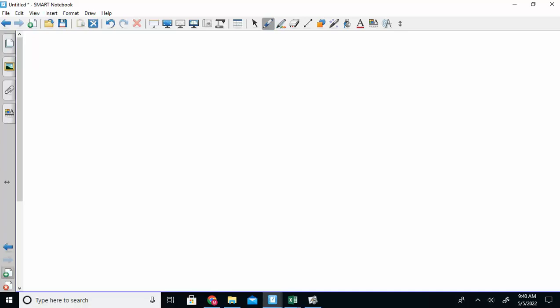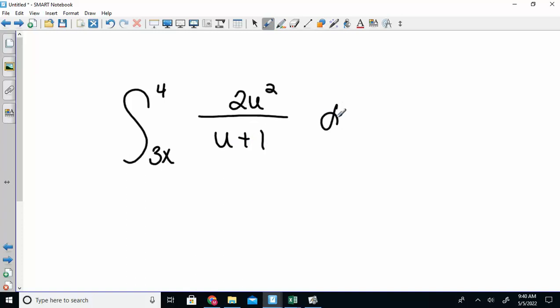Okay. So if I said find the derivative of the integral from 3x to 4 of, let's say, so if I said to find the derivative of this integral, you have to know what the fundamental theorem of calculus tells you, which is that you can plug in that 3x, right?